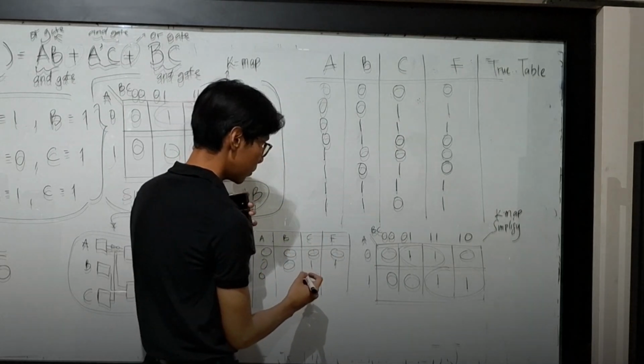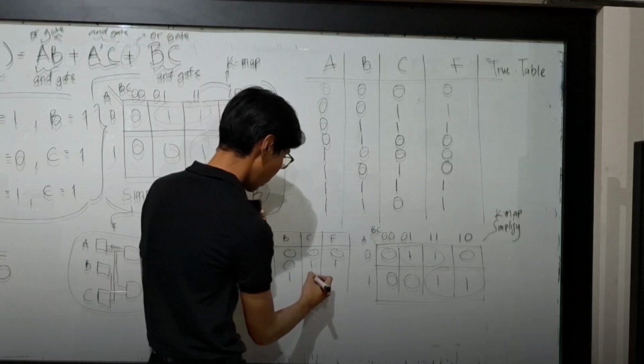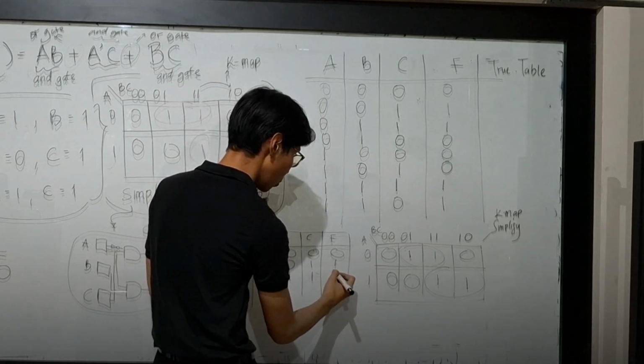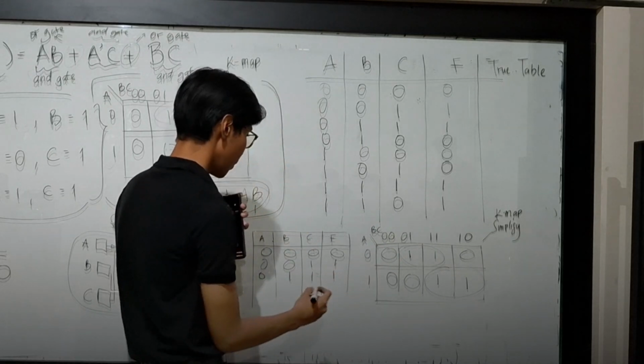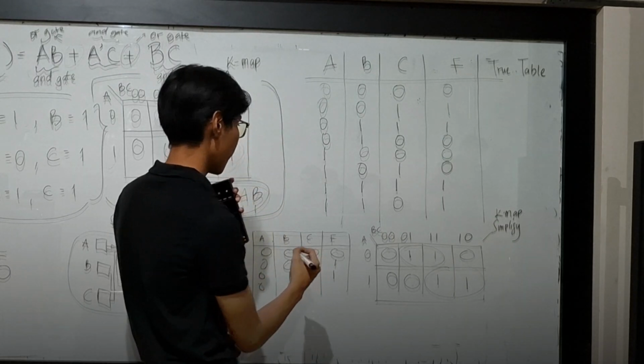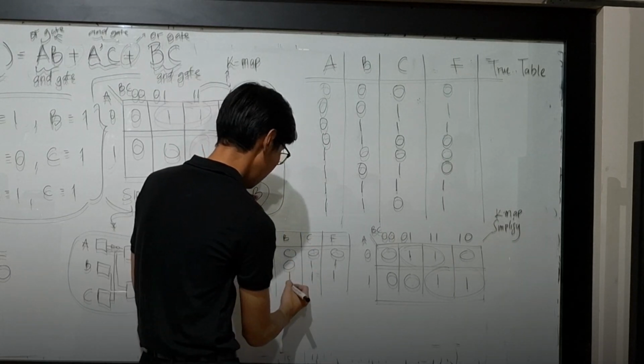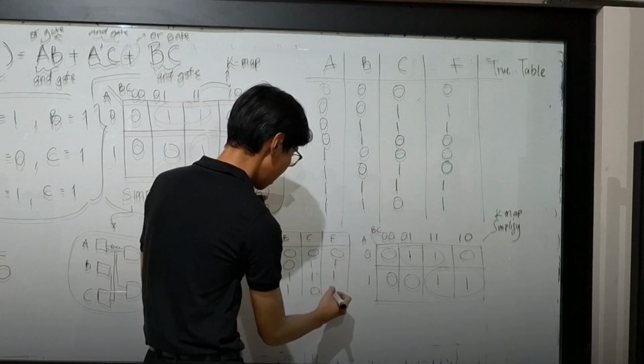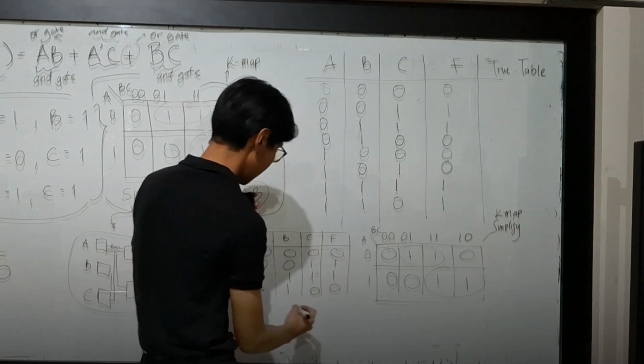A0, B1 and C1, 0, 1, 1. The output is 1. A0, B1 and C0, the output is 0.